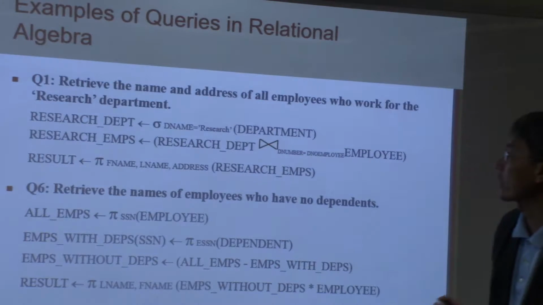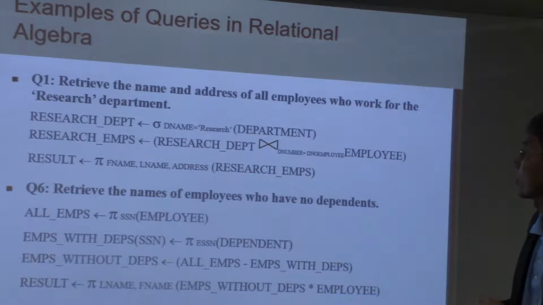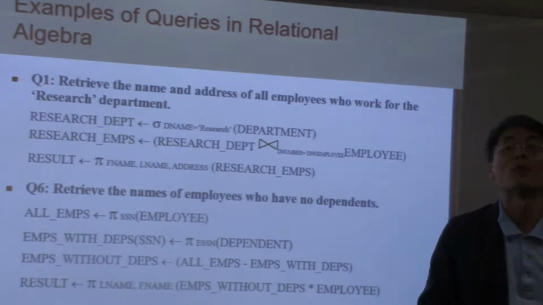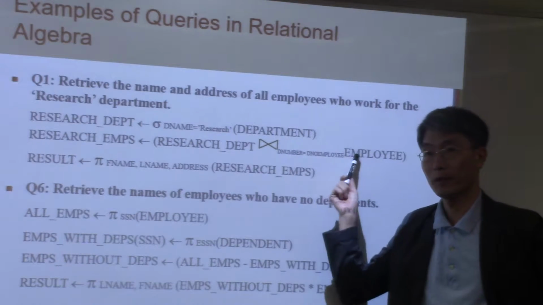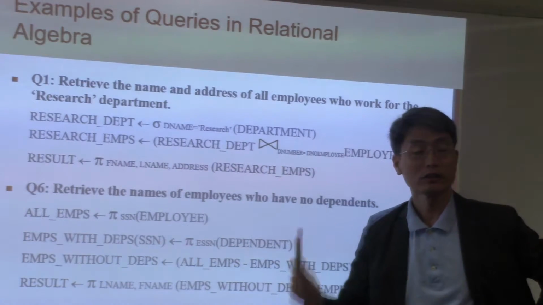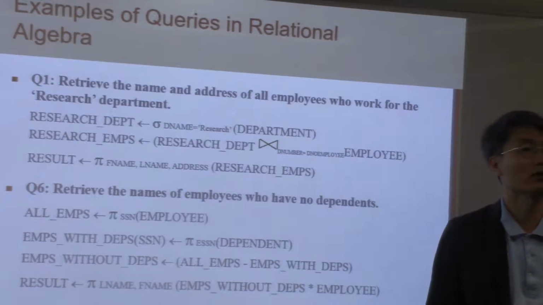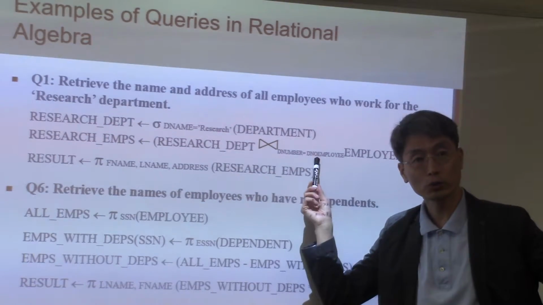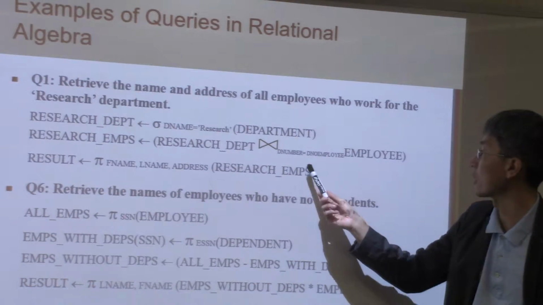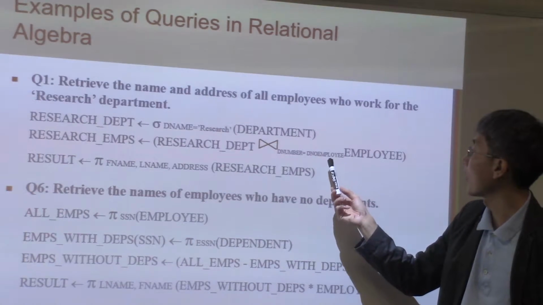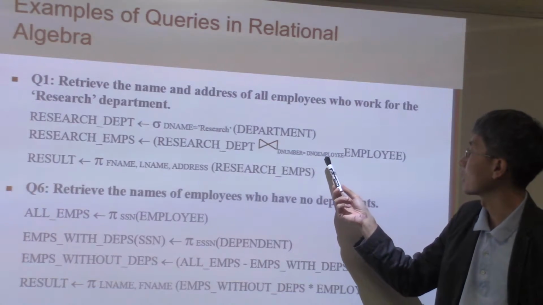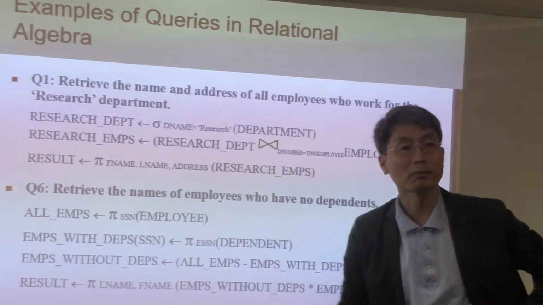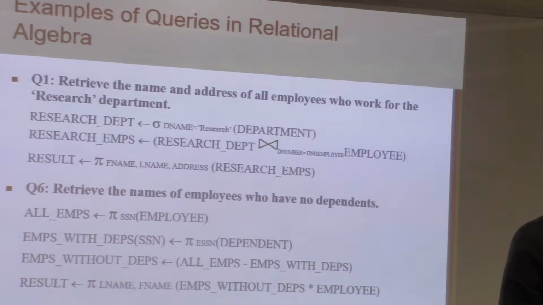In this case, we can use such a join operation, and also we need to find the join condition. The join condition mostly comes from a referential integrity constraint, in other words, a foreign key constraint between 2 relations. In this case, the D number in employee refers to the D number in the department table, so we can use such a foreign key.